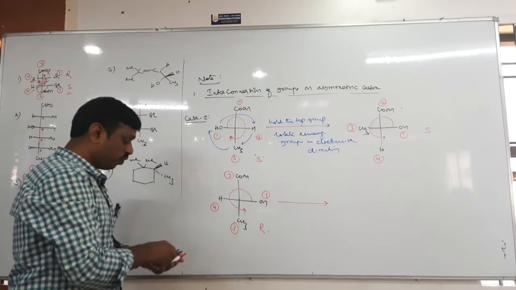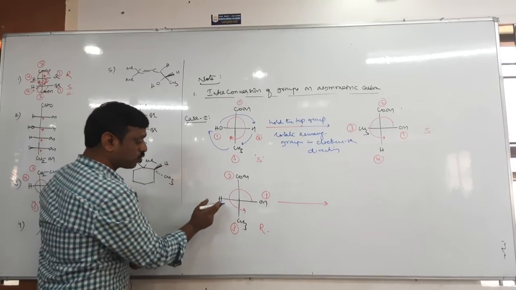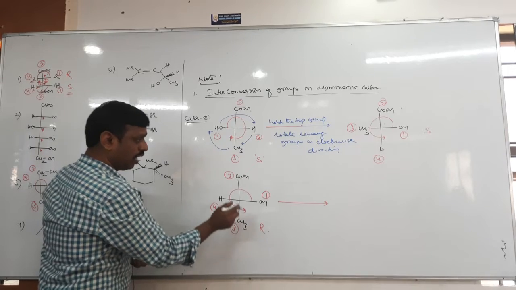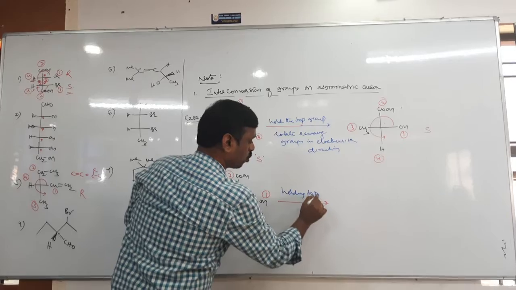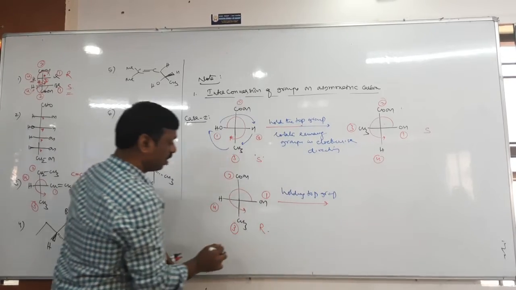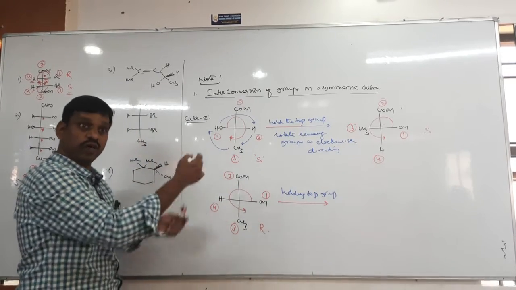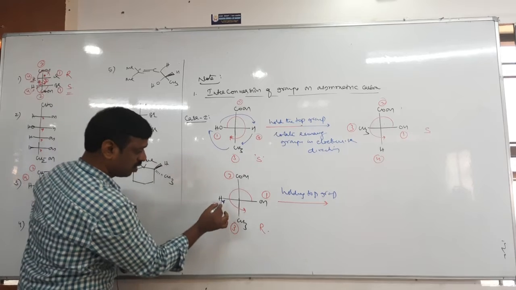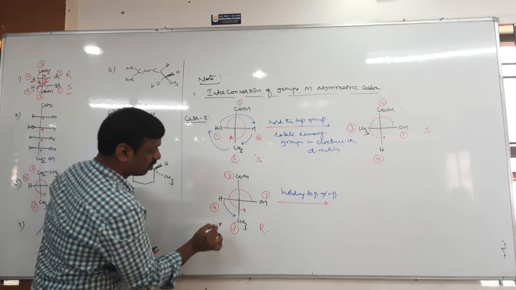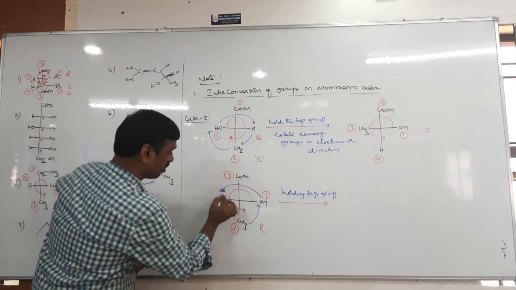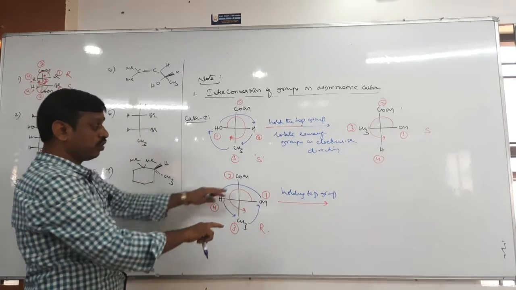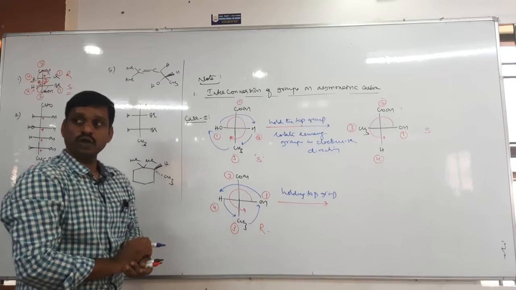Now the configuration is R. So what you do is bring this hydrogen here, holding the top group constant, then rotate the remaining groups to the left, anti-clockwise. Hydrogen comes here, methyl comes here, OH comes here, and the COOH group stays constant, don't disturb it.